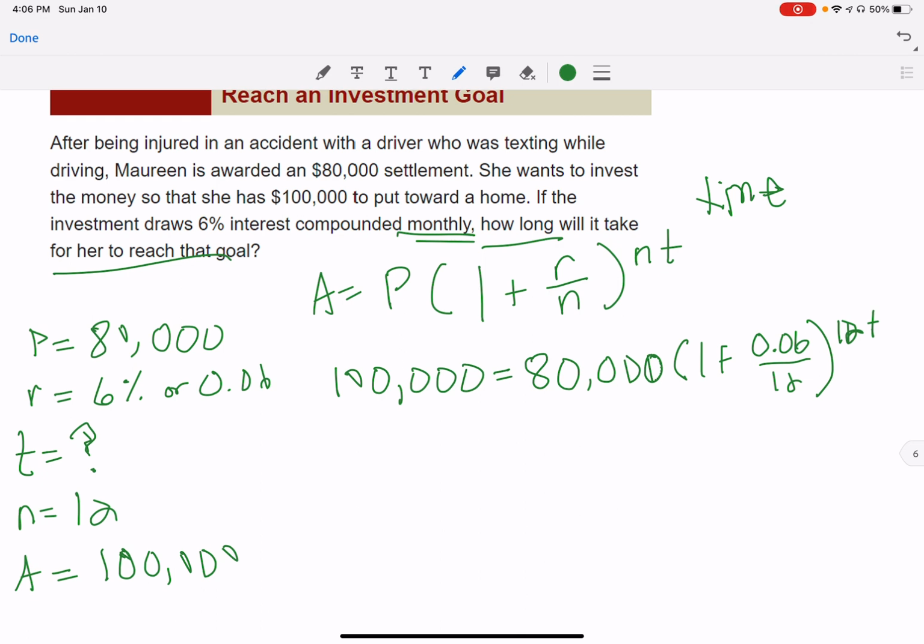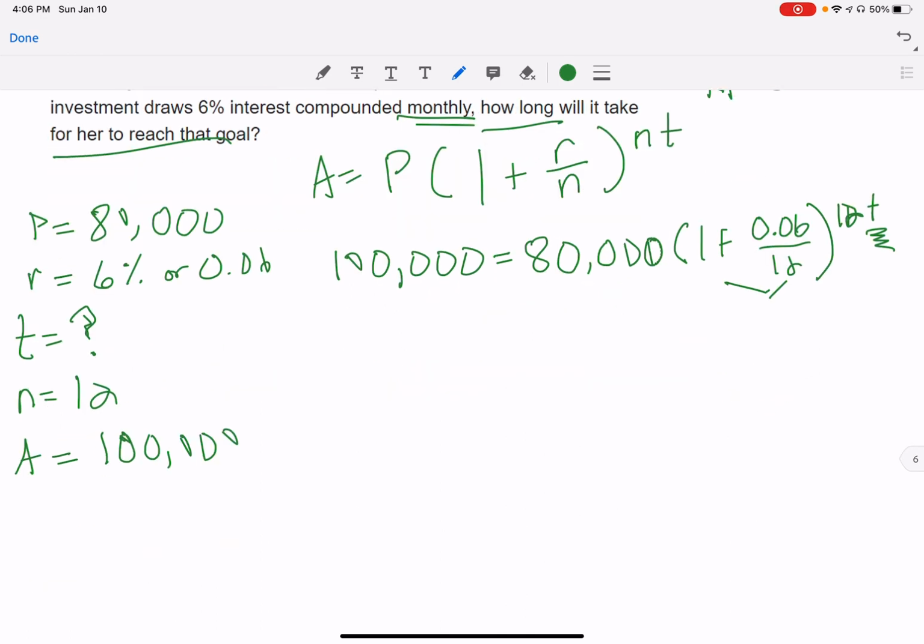So our goal is to get this t down so we can solve for t. The first thing we want to do is simplify what's inside of these parentheses. We have a lot of space, so I'm going to rewrite the problem. Now inside of my parentheses, I should have 1.005, and that's raised to the 12t.